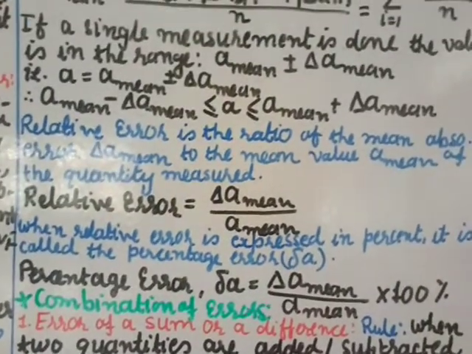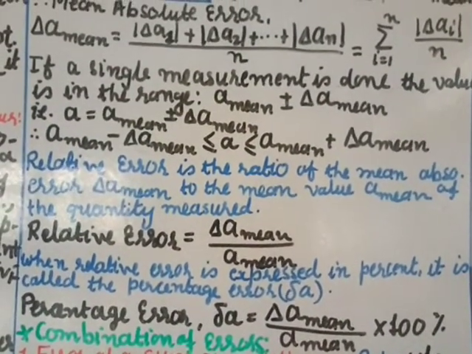We shall solve a numerical given in the textbook, Example 2.7. We measure the period of oscillation of a simple pendulum. In successive measurements, the readings turn out to be 2.63 second, 2.56 second, 2.42 second, 2.71 second and 2.80 second.